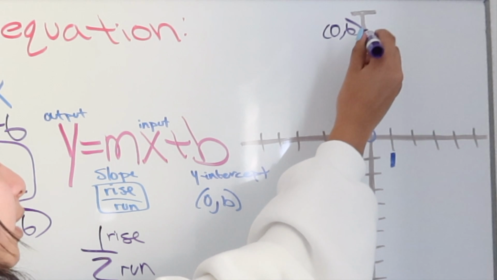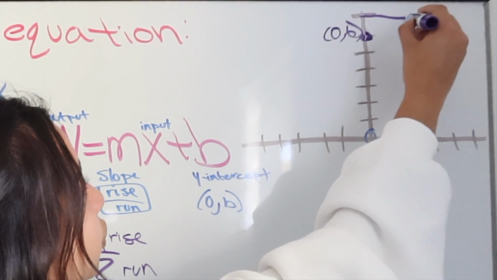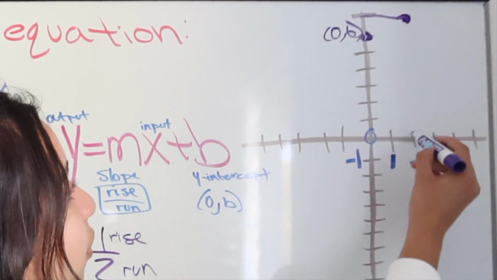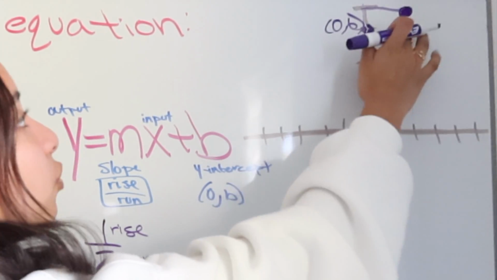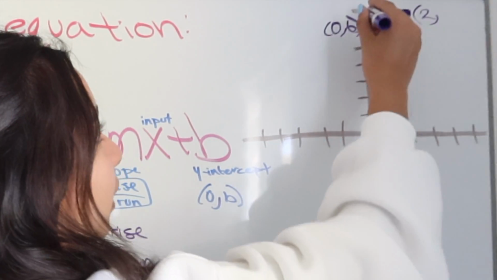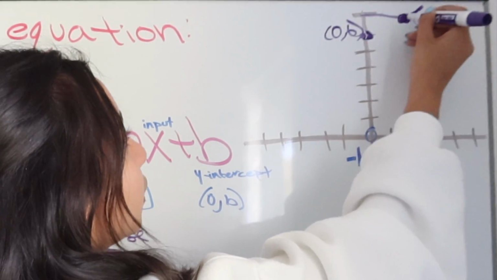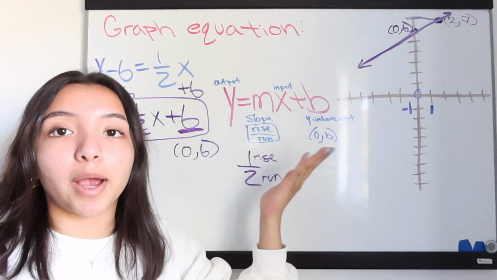So from this point, we rise 1, right 2. So right there. And this coordinate would be 2, 7. And now we can draw our line. And this is how our graph would look.